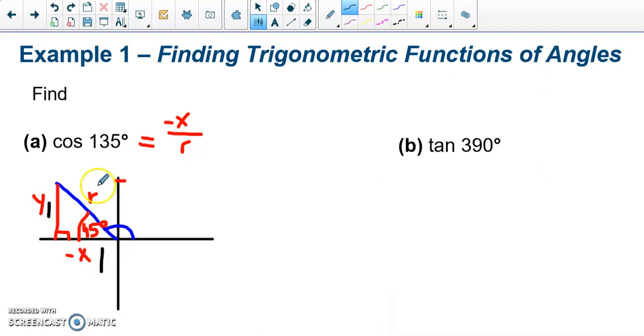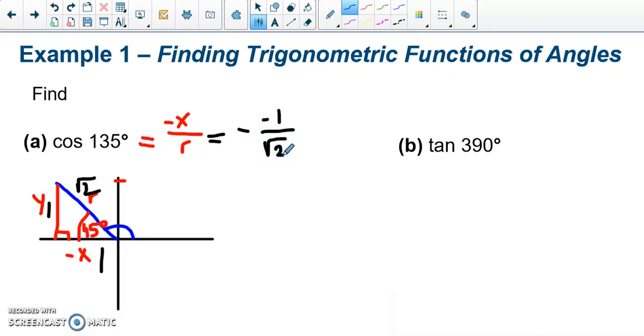This is 1 unit. And the hypotenuse of a 45, 45, 90 triangle is square root of 2. So the value of cosine of 135 degrees is negative adjacent, which is negative 1 over square root of 2.